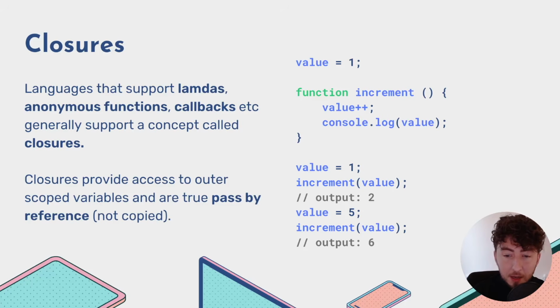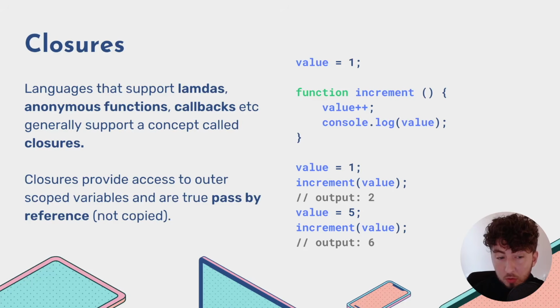And you can see here, if we call value and we increment value, right, we get 2. But then if we reassign our outer value to 5, right, and then call increment again, we get 6, right? And it's because our outer value and the value being referred to inside increment are precisely the same thing.